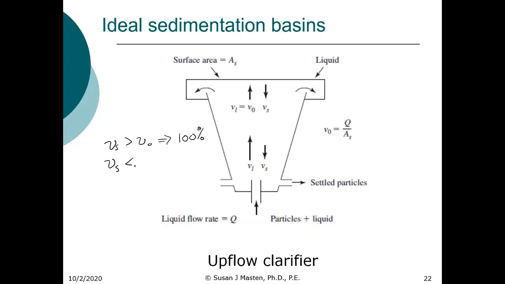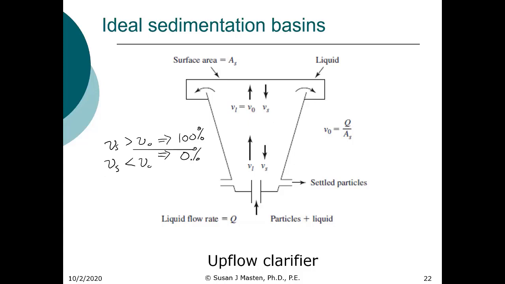If V sub S is less than V naught, you get 0% removal. So with an upflow clarifier, it's either 0 or 100%.